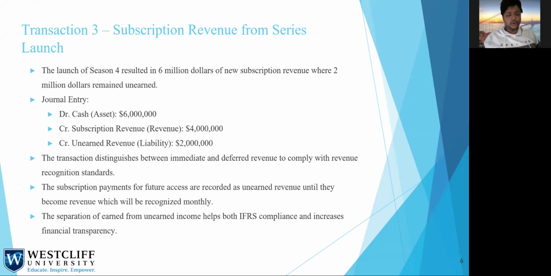This transaction shows how Netflix addressed the revenue recognition standard, ensuring their reporting remains honest and accurate over the life cycle of the subscription. And this separation of earned from unearned income helps IFRS compliance and increases financial transparency too.